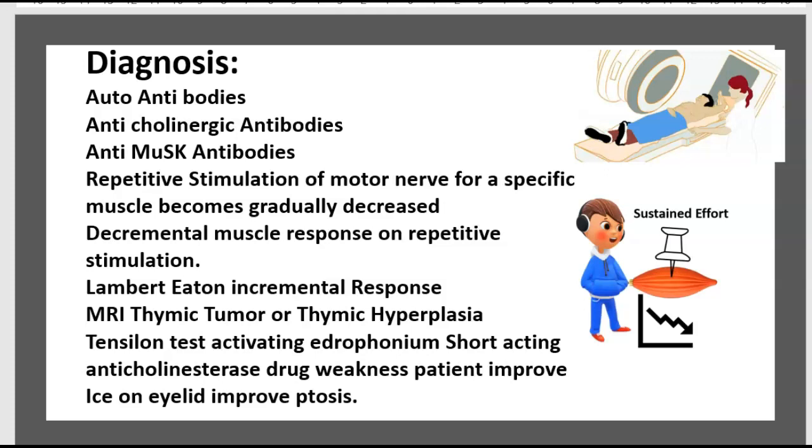With MRI, we look for thymic tumor or thymic hyperplasia. We can use the Tensilon test, with edrophonium, a short-acting anticholinesterase drug. If weakness improves, the test is positive. We can also use ice on the eyelid to improve ptosis.